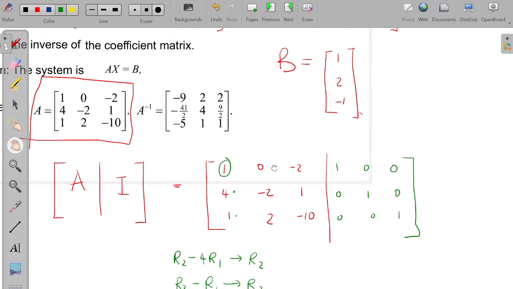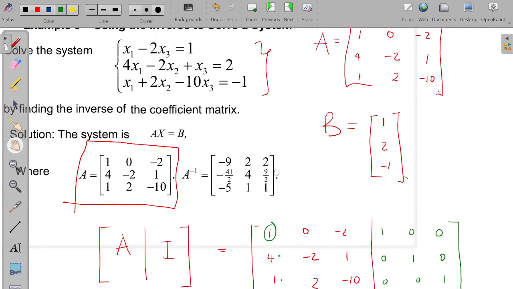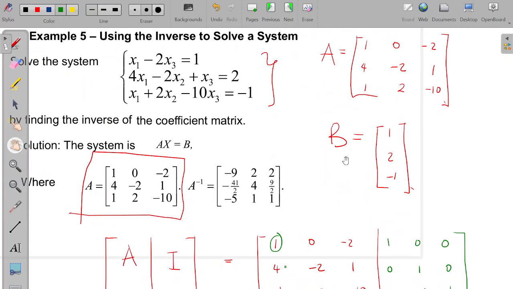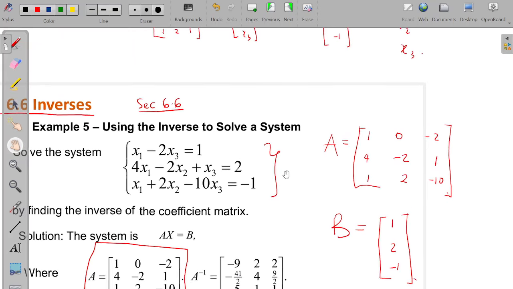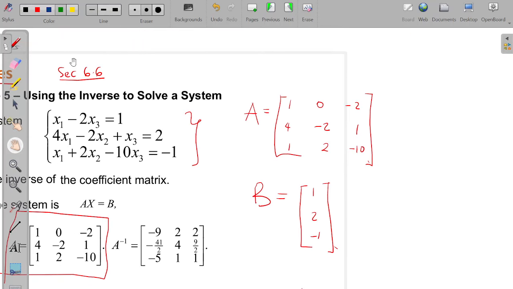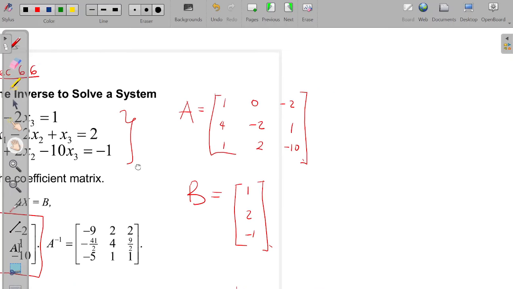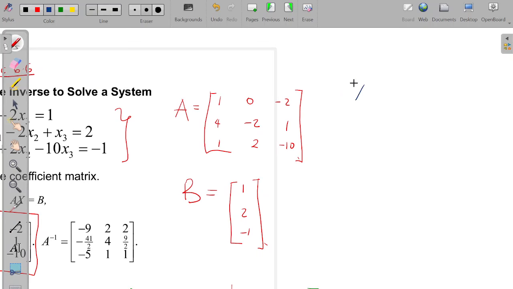You see, we got A inverse. Now, don't forget we have B there. So let me write this equation somehow nicely now. So we have A, which is B, and then we have our X, which is X1, X2, and X3.